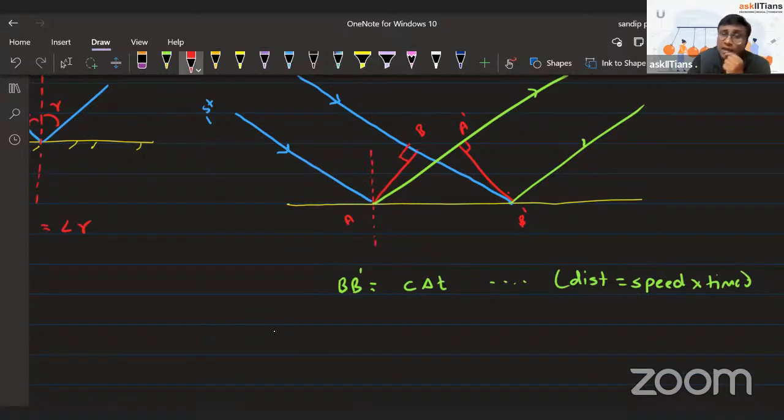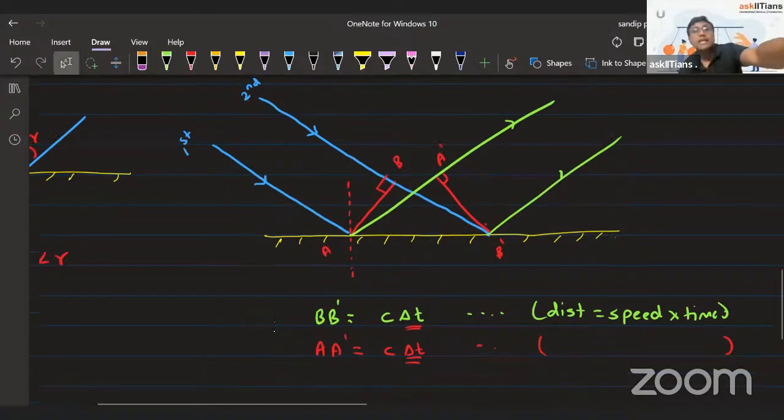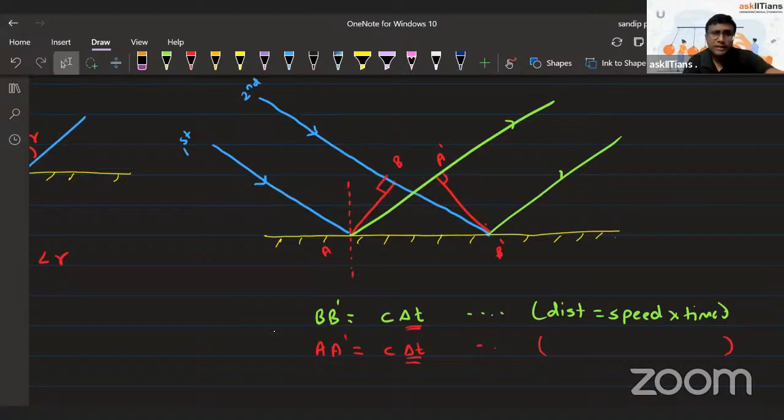Similarly, at the time when B reaches B dash, the light beam from A will reach A dash. So I can also say that AA dash is also c into delta t. Delta t is the time. The reason is the same, right? In the same time, as the light is moving in only one medium. In reflection, we only have one medium. So as long as the medium is the same, the distances traveled by both of them will be the same.